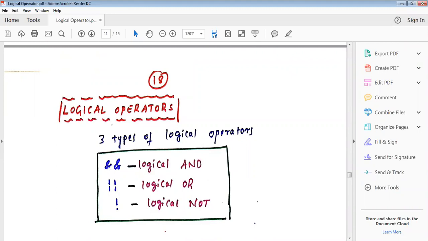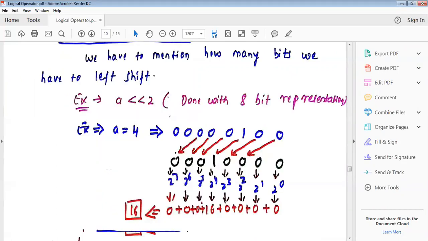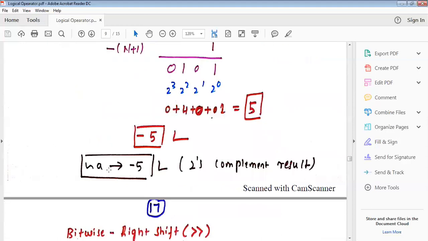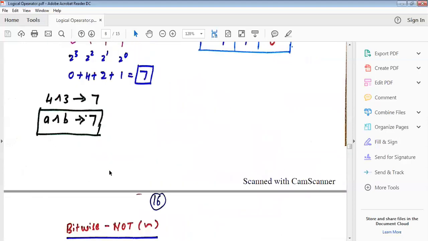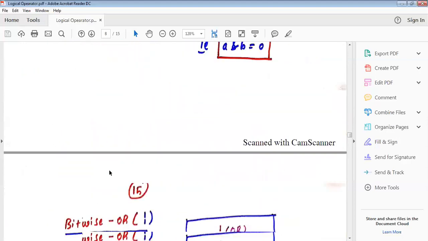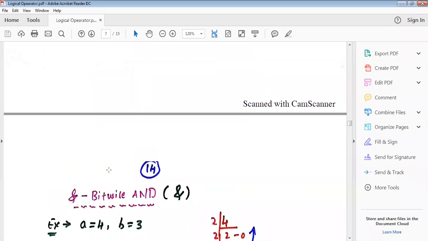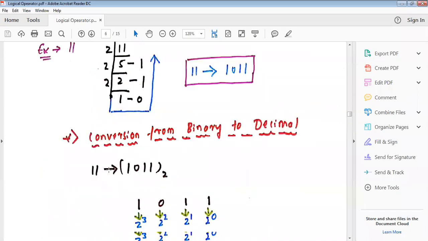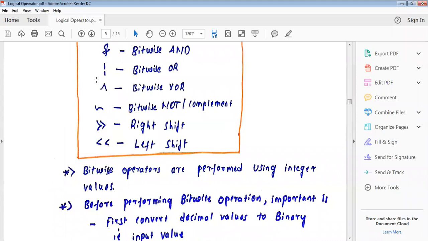For the bitwise operator we use only a single and, a single vertical line. But for logical operators we use double.